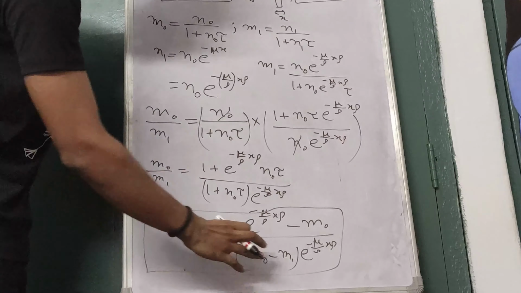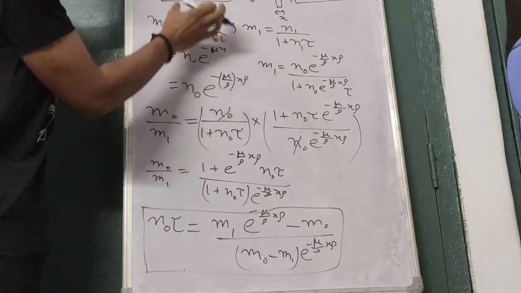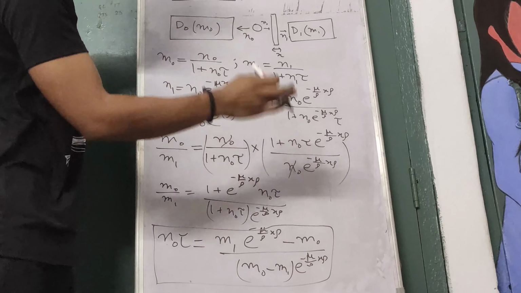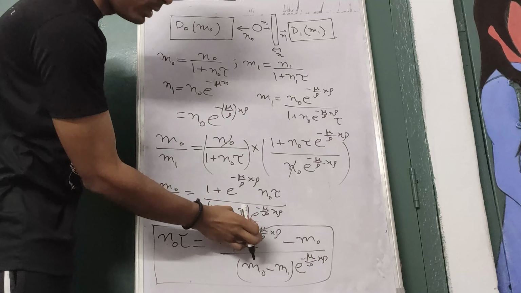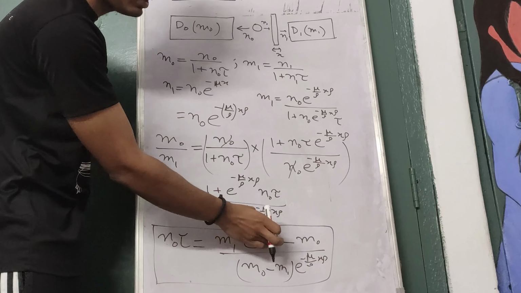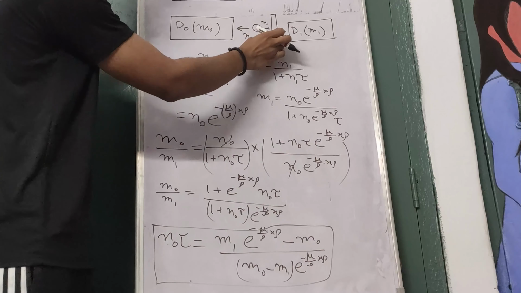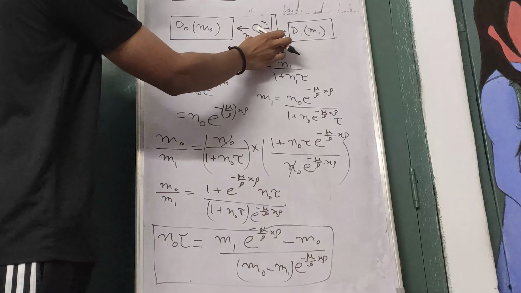So this would be the value of N0 tau. As we know, M0 will be the rate detected by D0, M1 would be the rate detected by D1, and the mass attenuation constant, thickness, and the density of this material would be known as they are the properties of this material.